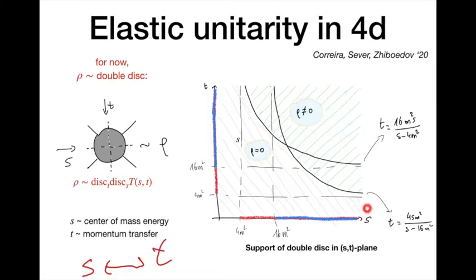So this axis is reported on this axis, they are the same, and the elastic region for S is again that red quadrant.